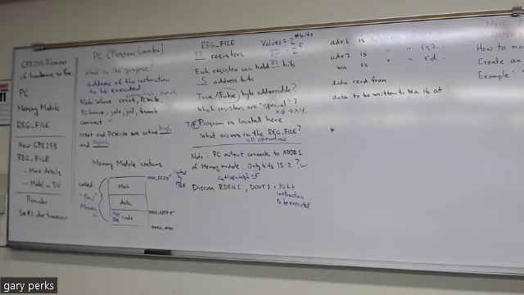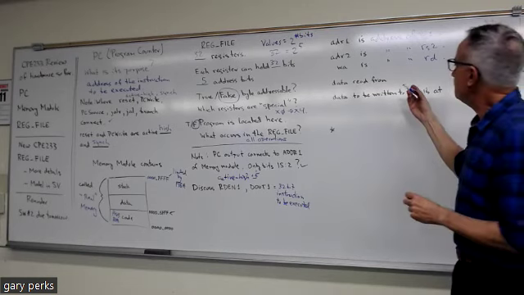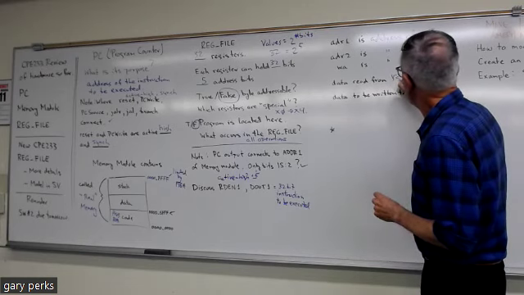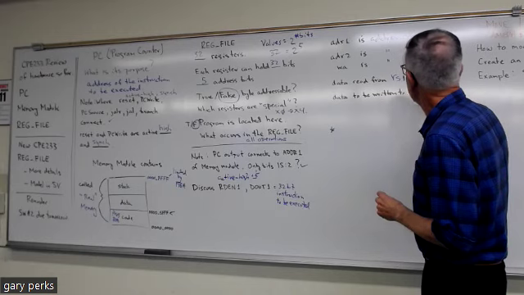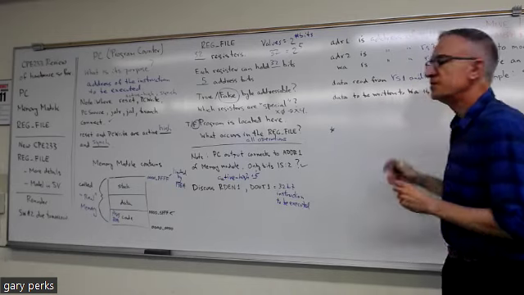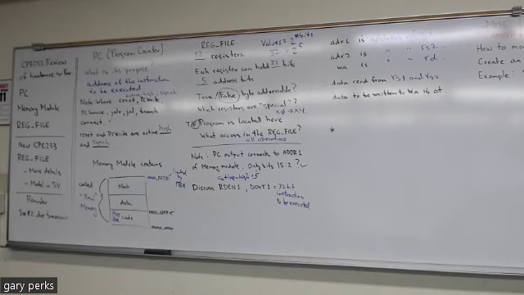Now, data is read from RS1 and RS2. So you have your addresses for RS1 and RS2 here, and here's where the contents of those registers are going to be, the data within those addressed registers.